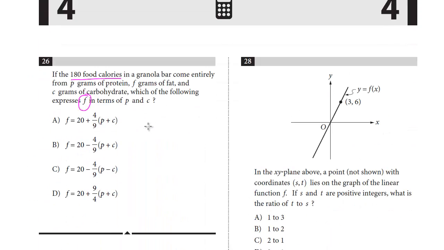All right, so we're just going to write it out with the distribution of all three. So 4 proteins, we know, plus 4 carbs, and fat was 9, right? There's more calories in fat than carbs and protein, equals the 180. And now, remember, the question's asking to solve for F, express F in terms of them.